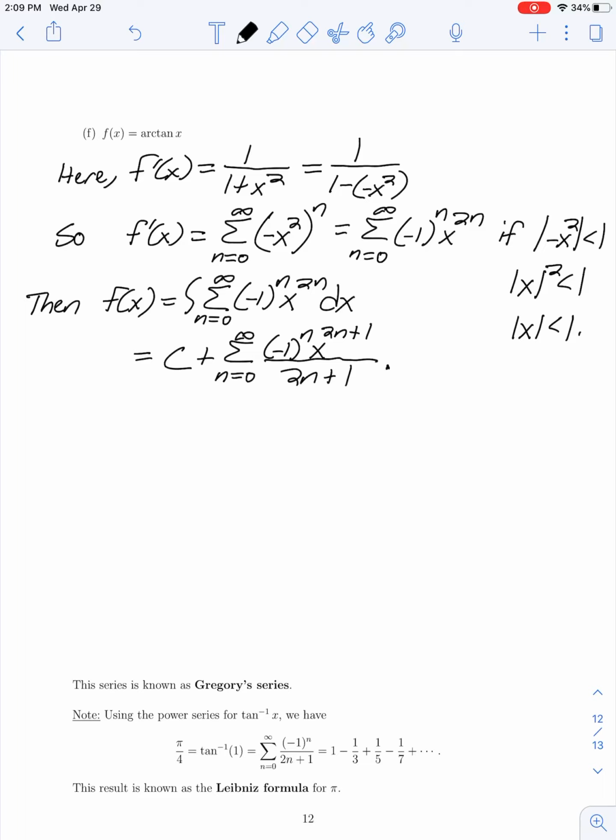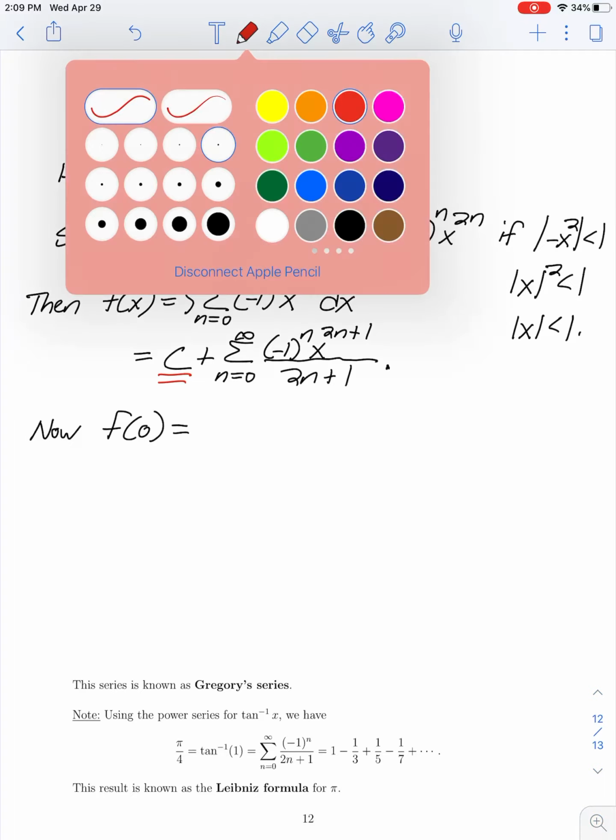Now again, this power series representation that I found is for a specific function, arctangent of x. So I don't want to just include any arbitrary constant out in front. I'm looking for some specific constant that will represent my particular function here. Now, in order to find that constant, we can again think about substituting 0 into this power series for x.